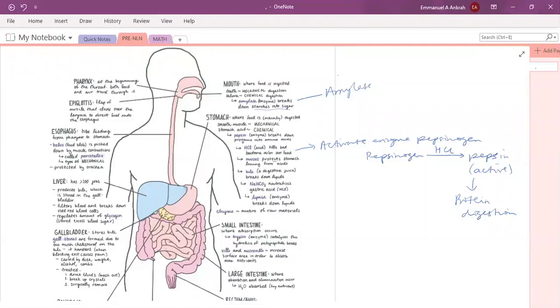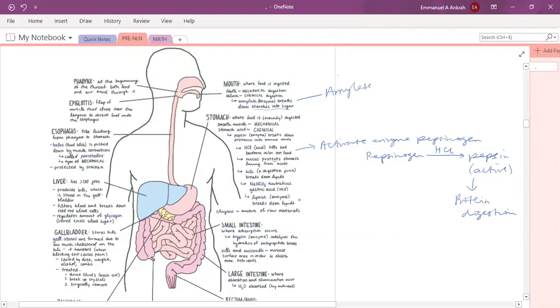Why is it that the acid doesn't destroy the stomach lining? It's because the mucus gland secretes mucus that protects the lining of the stomach. We also have some other enzymes like lipase that break down lipids in the stomach. But the main thing that happens in the stomach is protein digestion. These others are minor things that occur.